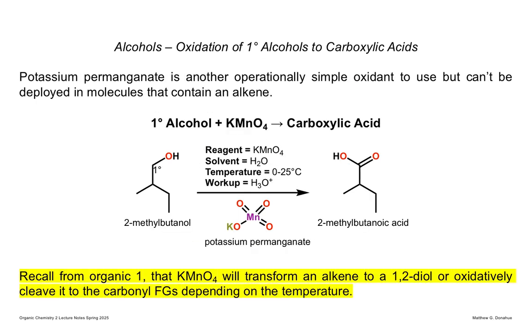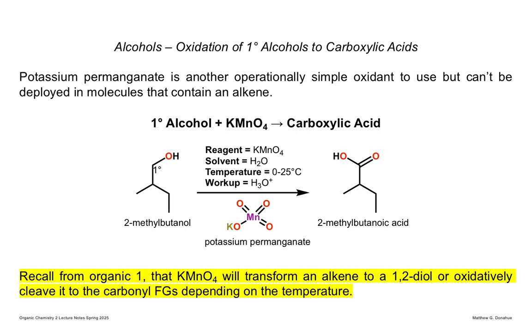Another way of doing it uses potassium permanganate. Potassium permanganate and water will do this. This forms a purple liquid. Students do this, they tend to stain their fingers and their clothes, so you kind of know that they've been working with it.